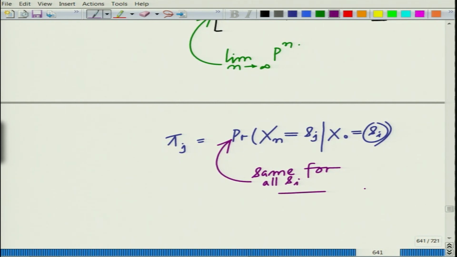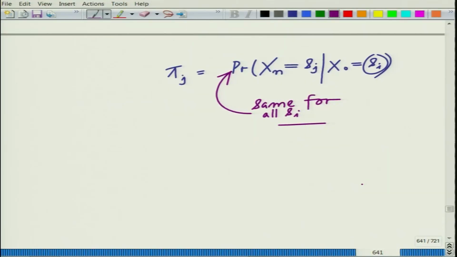And this is what you would expect, because at time n equal to infinity, it does not really matter which state you have started from. The probability that it is in state Sj is the same irrespective of the starting state Si, and this is what we are denoting by pi j.